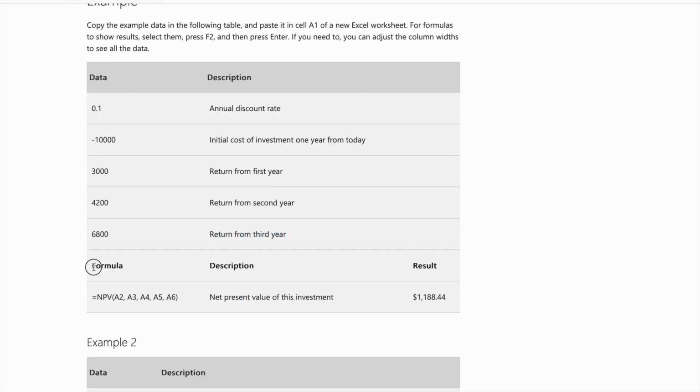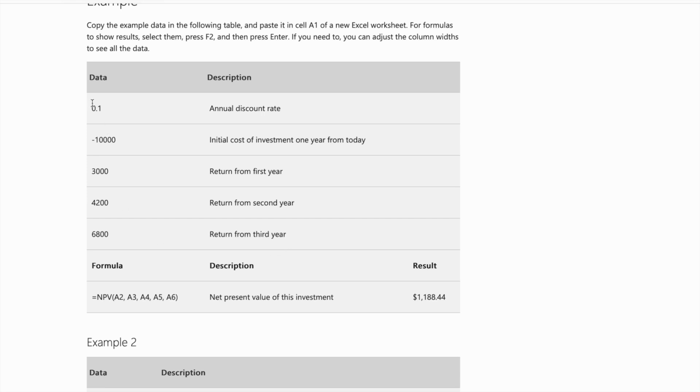So here is the formula. NPV, the first one is the rate, which is the discount. Then we are going to give all these values: A3, A4, A5, A6. So the net present value of this investment is $1,188.44.